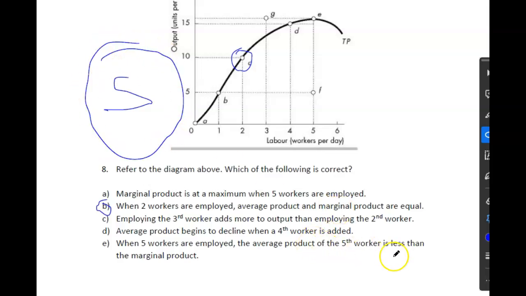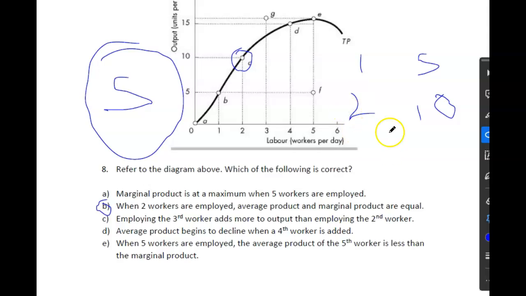Now, how do you calculate marginal product? It's basically the difference in products from the previous laborer. At 1 laborer, you had 5 products. At 2 laborers, you now have 10 products. So the increase in product is 5, right?